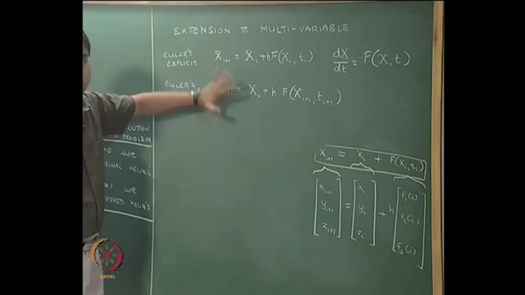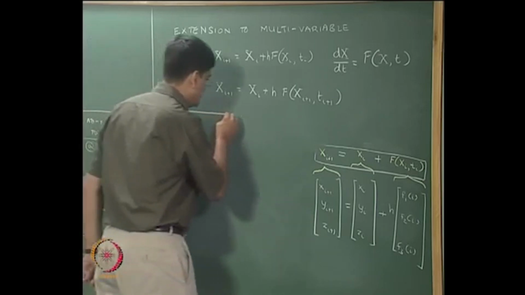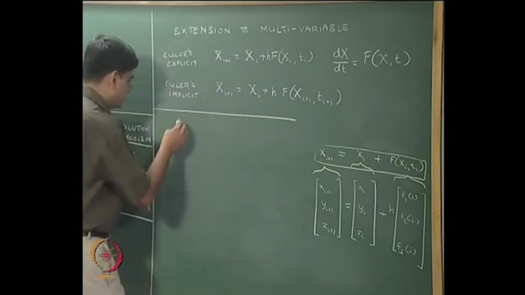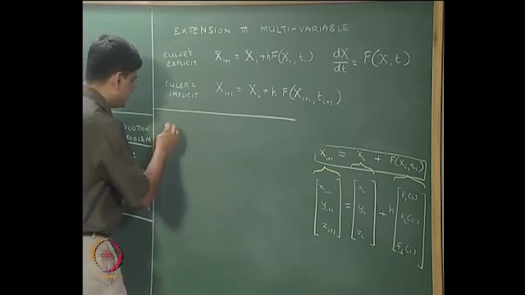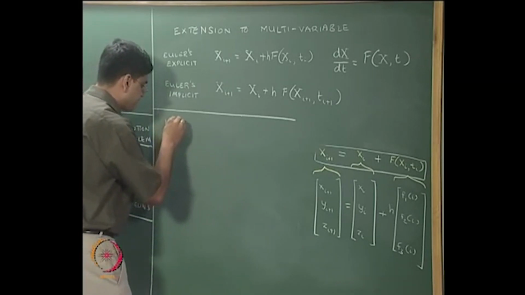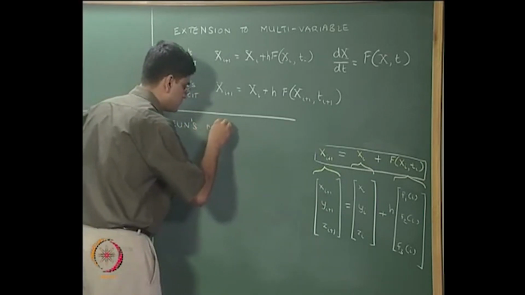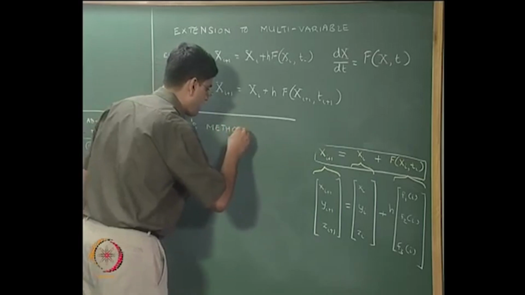The same idea we will extend to the Runge-Kutta second order method. Since we have been doing Heun's method in this particular lecture, we will talk about Heun's method. Okay.